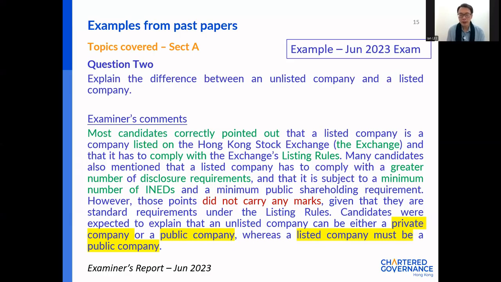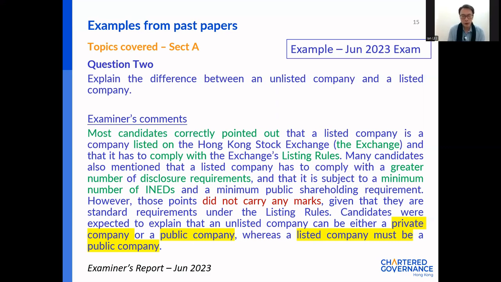Because if it is not answering the question, no matter how much you write, no matter how many pages, the markers looking at that will find it very difficult to give you any marks.